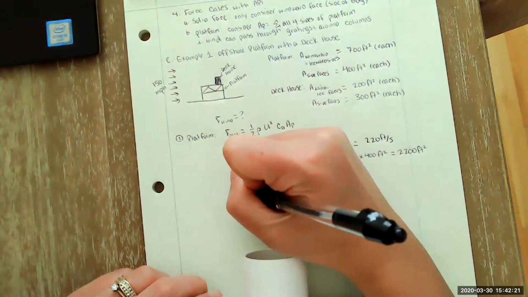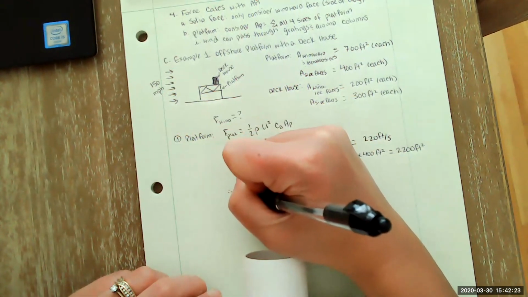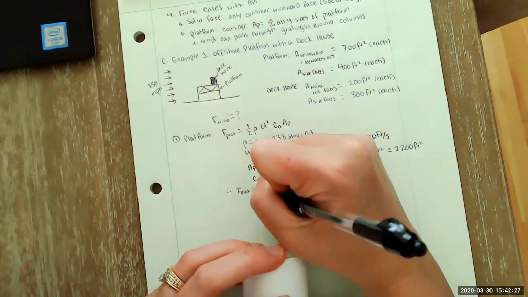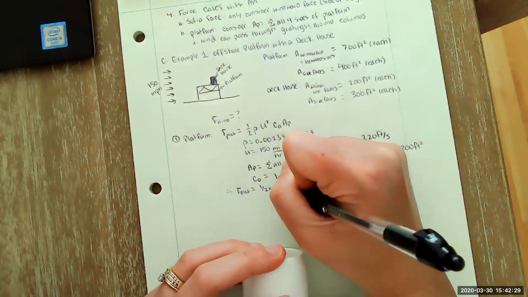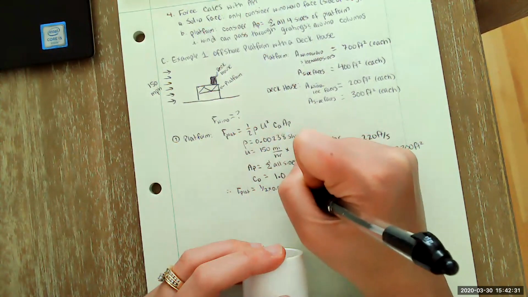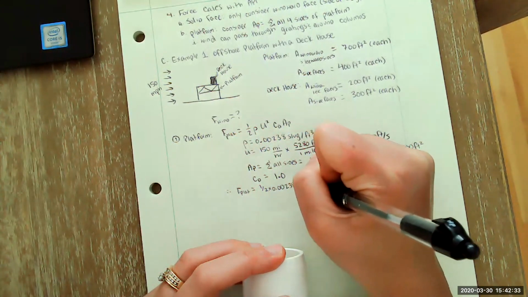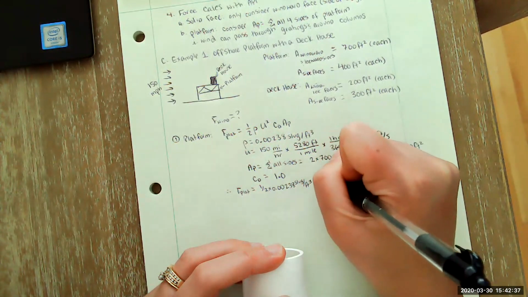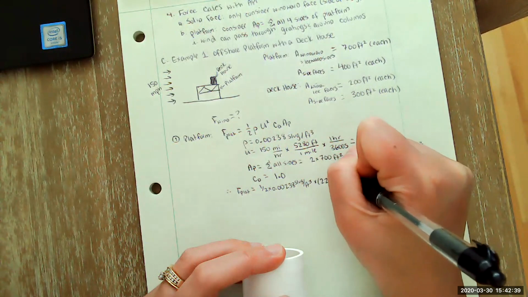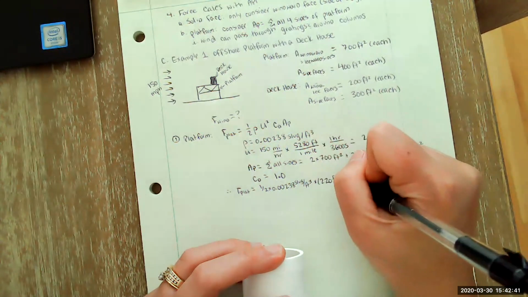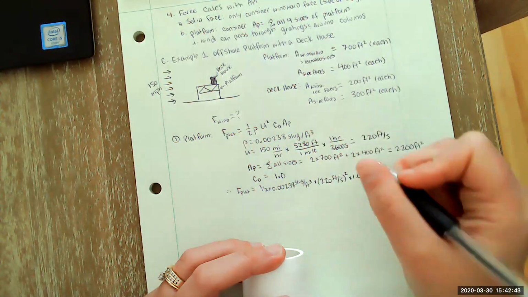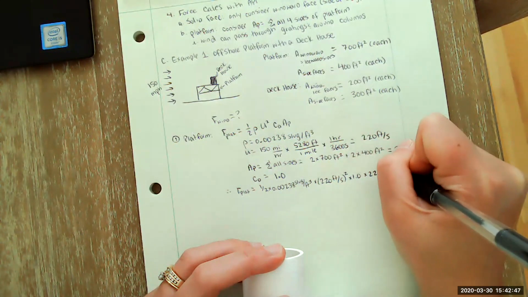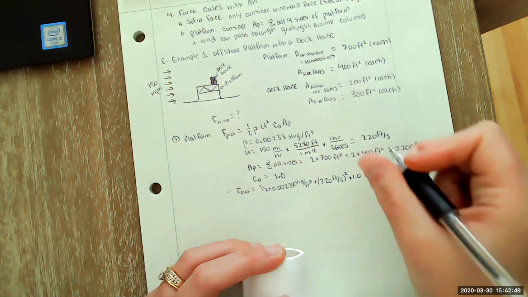Plugging all of these in, we have the platform wind load is equal to 1/2 times 0.00238 slug per foot cubed, times 220 feet per second, that quantity squared, times our drag coefficient of 1, times 2,200 feet squared as our projected area.